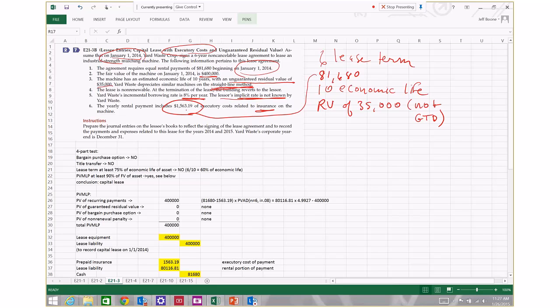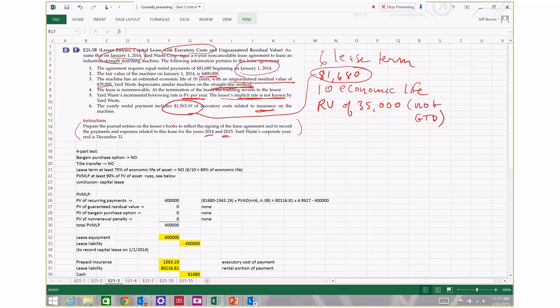We're going to have to subtract that $1,563.19 out of the $81,680 recurring rental payments when we do our present value calculation. Okay, so we're asked to prepare the journal entries in the lessee's accounting records for the years 2014 and 2015.